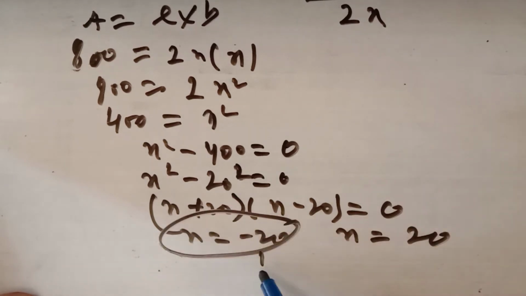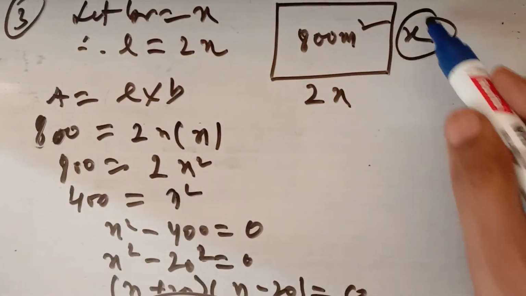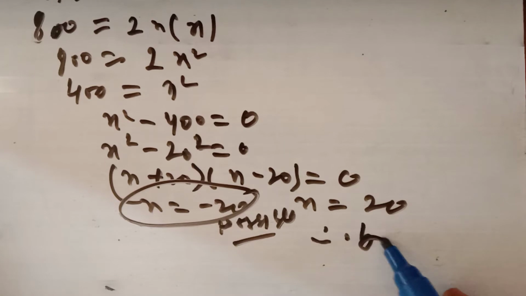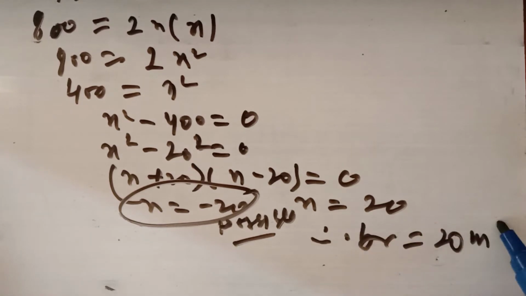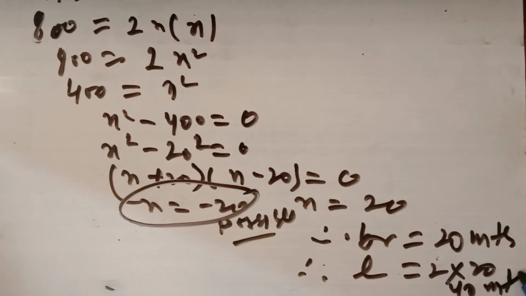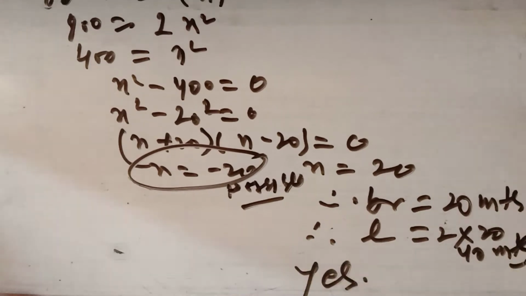Minus 20 is not possible because the breadth which I have let equal to x cannot be negative. So therefore the breadth is equal to 20 meters and the length is twice of this, that is 40 meters. So yes, this situation is possible, because it had been asked whether this condition is possible or not.